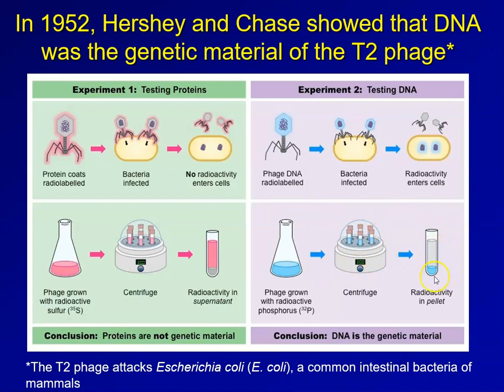And this time the radioactivity went in the pellet where the bacteria is found, which indicates that the genetic information is the DNA because it was transmitted from the virus into the bacteria where it remained in the final tubes after centrifugation. So to conclude, they found that DNA is indeed the genetic material.